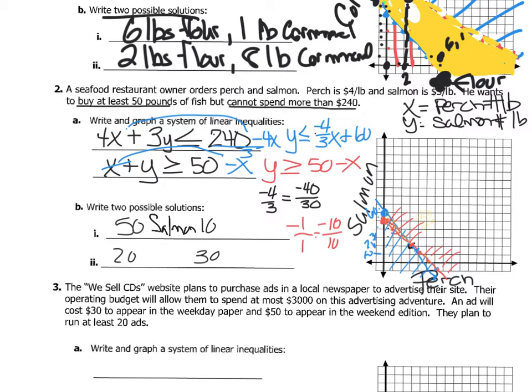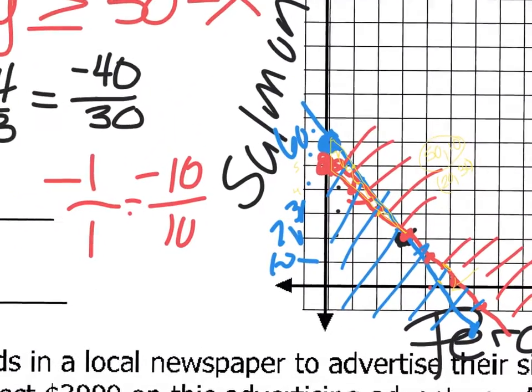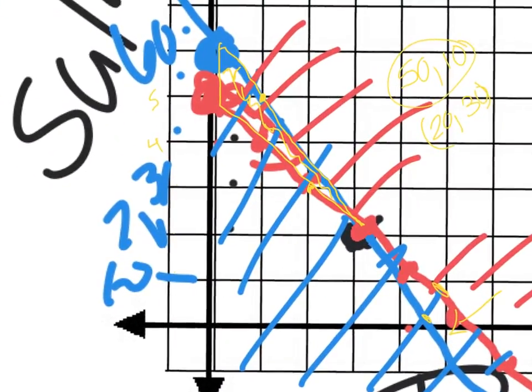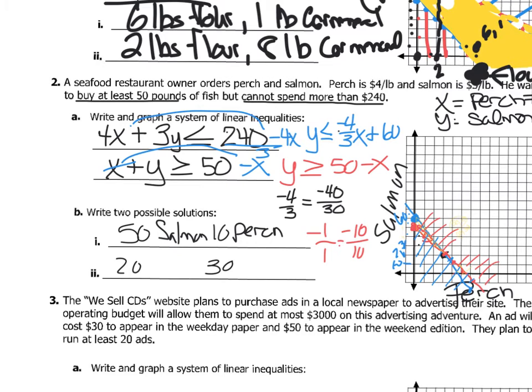It was on the salmon side. And perch, 10 pounds of the perch. And then we went down here and we did 20 of the perch and 30 of the salmon.